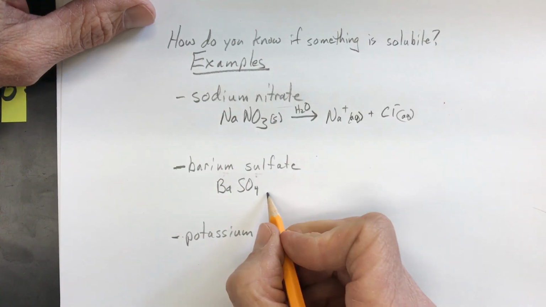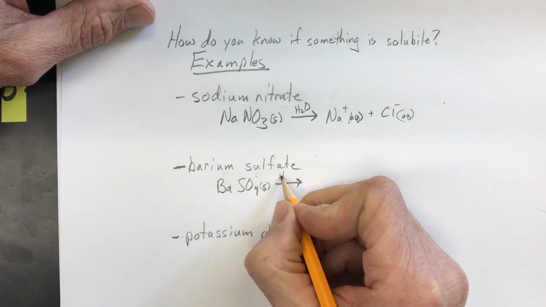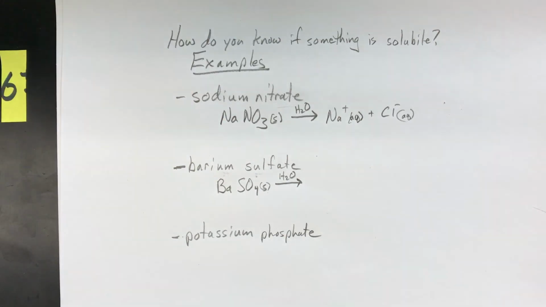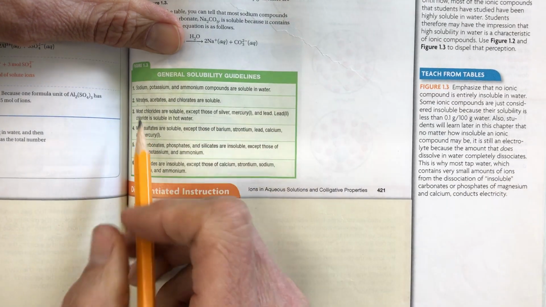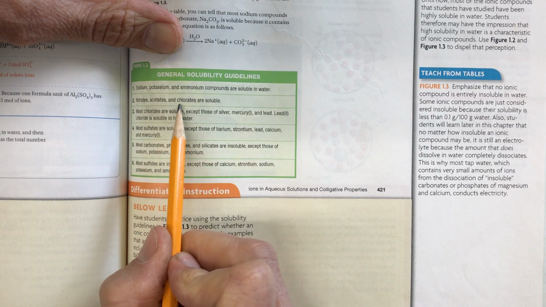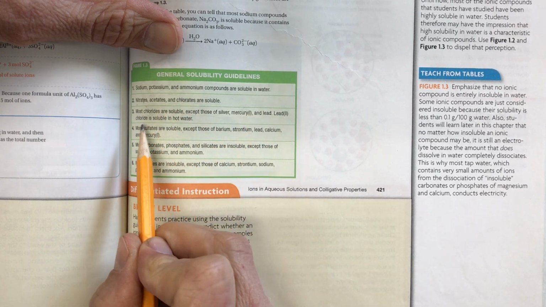So we're going to mix it with water. And do we get a solution or not? Well, we'll go back to our chart. We don't see barium or sulfate in the first row. No barium or sulfate there. Barium or sulfate here. Nope.